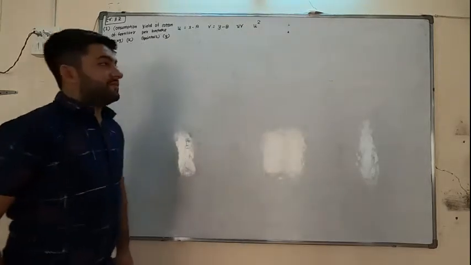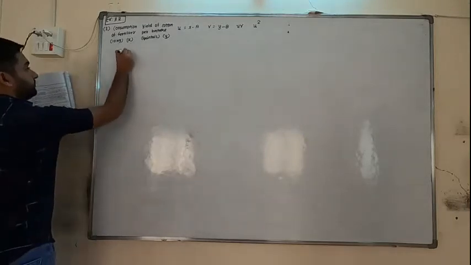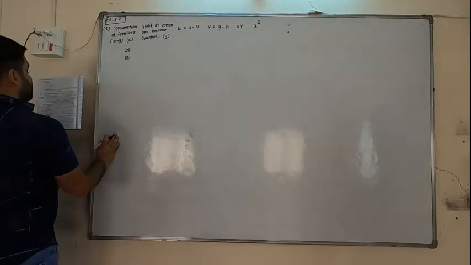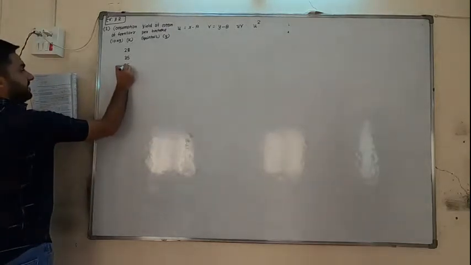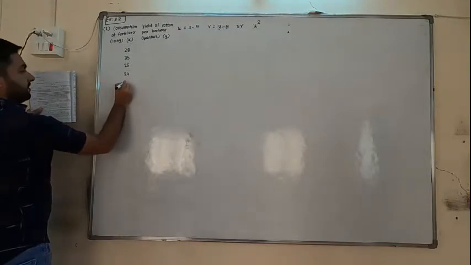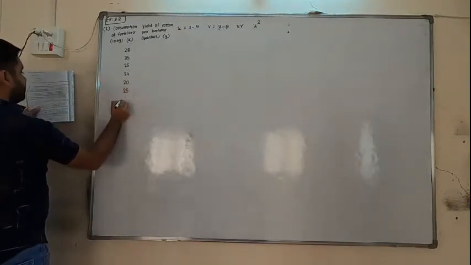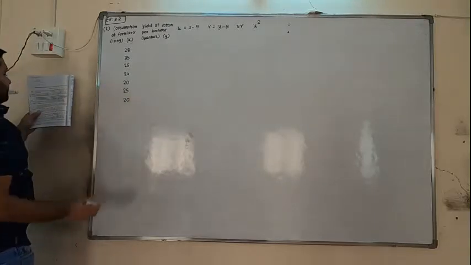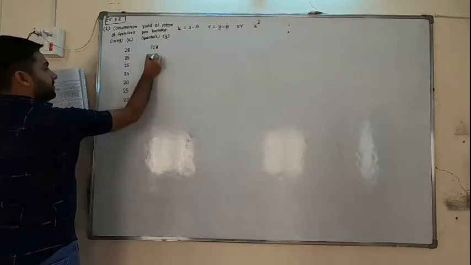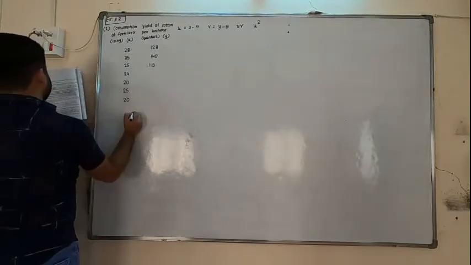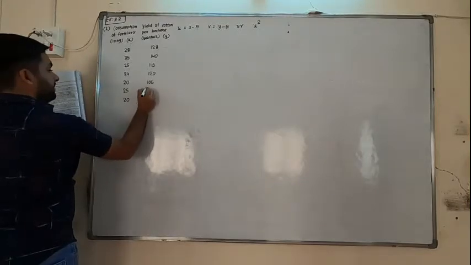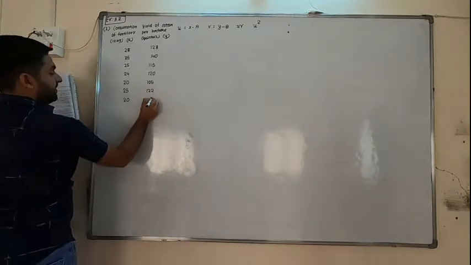We don't require v square. 28, 35, 25, 24, 20, 25, 20. 128, 140, 115, 120, 105, 122, 100.